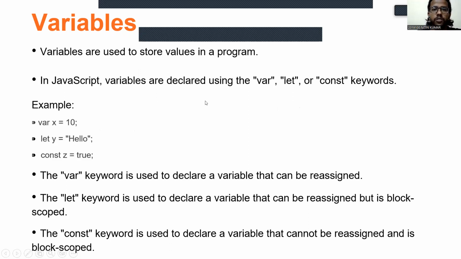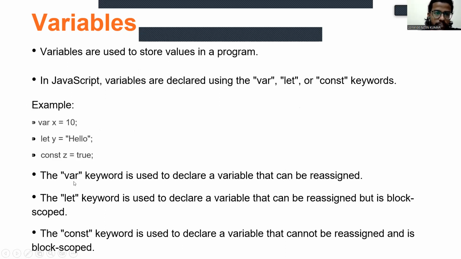Variables. There are three types of variables that can be used in JavaScript. These are var, let, and const. All three have different behaviors. We can declare them like this: var x equal to 10, let y equal to hello, const z equal to true.